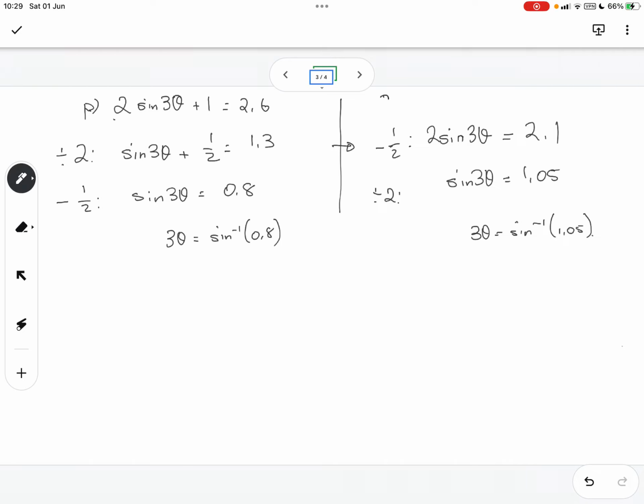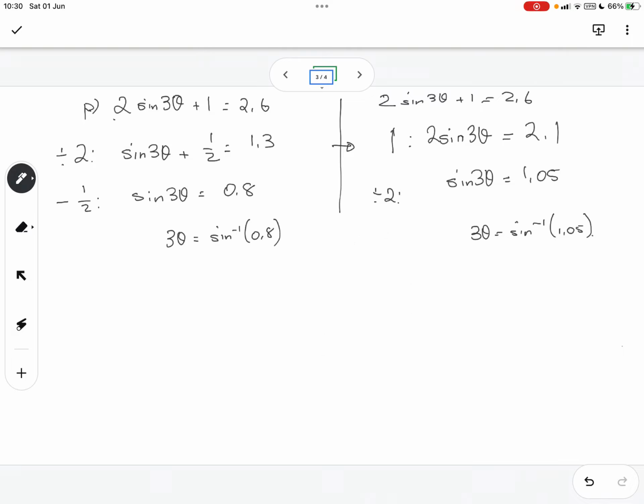So what I neglected to look at here is that I ought to have subtracted 1 instead of a half.